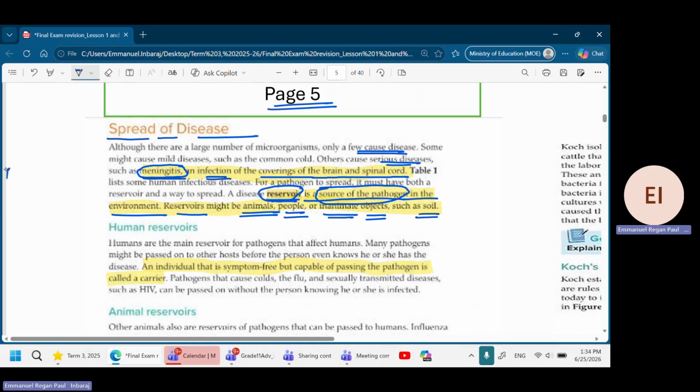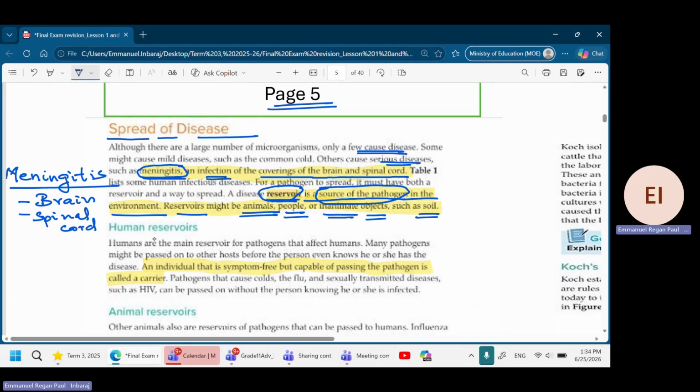Look for the word meningitis. It is an infection caused on the covering of the brain and the spinal cord. Keep this in mind.